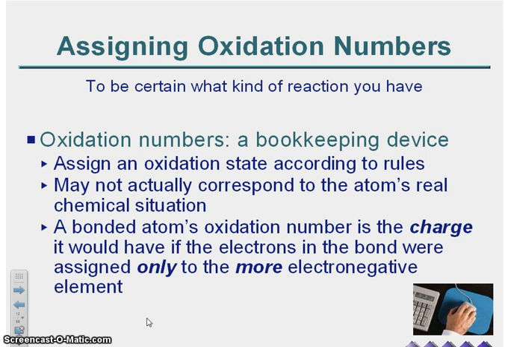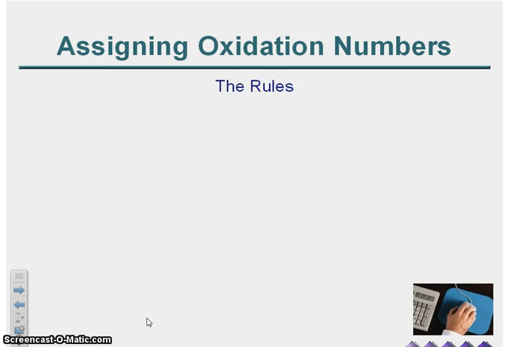A bonded atom's oxidation number is the charge it would have if the electrons in the bond were assigned only to the more electronegative element. In other words, we are treating covalent bonds as ionic bonds and giving the electrons to the more electronegative element.